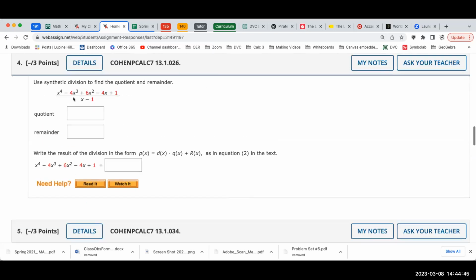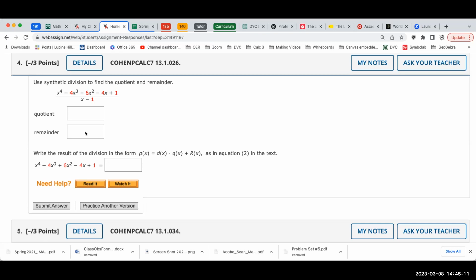See here, this is what you're doing right now with synthetic division. It says use synthetic division to find the quotient and the remainder. For example, right here, when I did this problem, see how we got remainder 0?